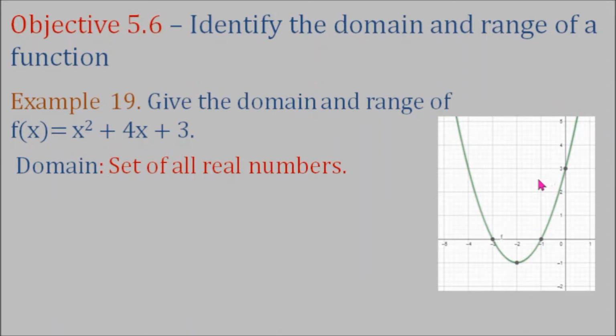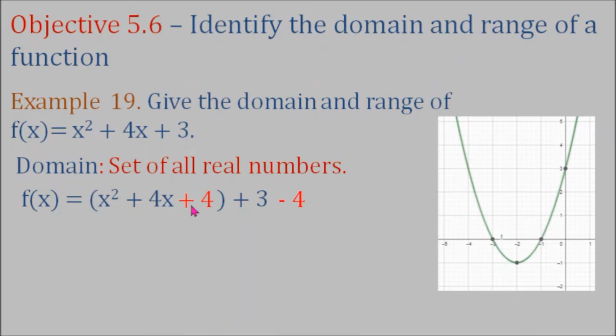We are going to write our equation in standard form. We are going to put in parentheses the terms with x and then the constant outside, and then we are going to complete the square inside the parentheses. To complete the square, we are going to find half of 4 and then square it. So half of 4 is 2 and squared it is 4, so we are going to add 4 here.